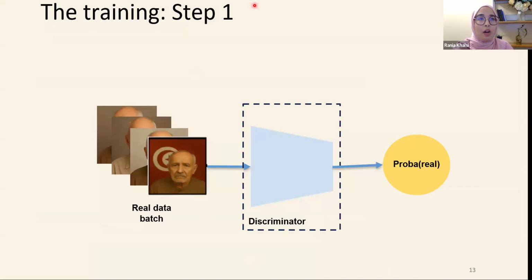Now, let's see how we train these networks and how to train the whole architecture. For this, we have different steps. We will start with the first one. For the first step, we have the discriminator, and the discriminator is going to take a real data batch. So we are giving it a set of real images from our training data. From these images, the discriminator is going to give us a probability of whether the input image is real or not.